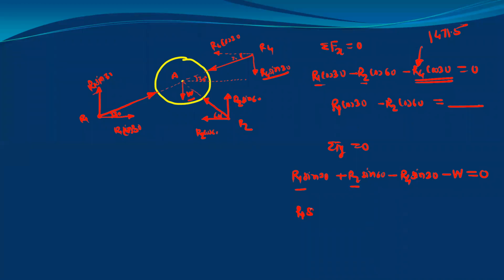So this is R1 sine 30 plus R2 sine 60, and this is equal to some constant value. So this is your second equation. This is the first equation. Solve these two equations simultaneously in equation mode and then you will get the values for R1 and R2. Okay. So you must get the same answer for R1 and R2 as compared to the last method.